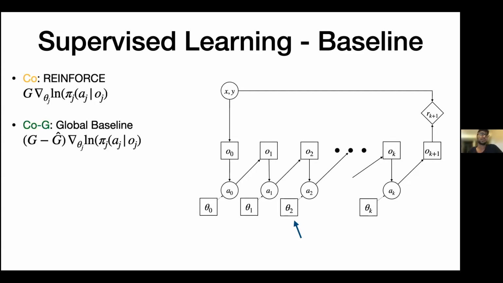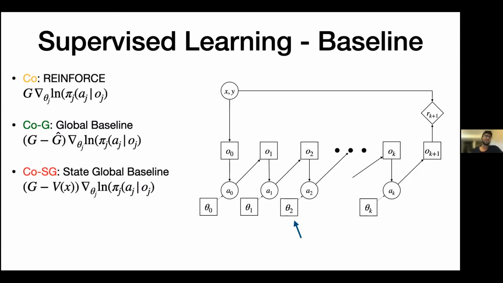The first baseline is a global baseline, where we just have a moving average of the past returns. In a sense, this means averaging out the return of the previously seen observations. The second one is a state-global baseline, in which we estimate a value function for the input to the whole co-agent network, which essentially means estimating the return for a current input or observation, which is V(x).